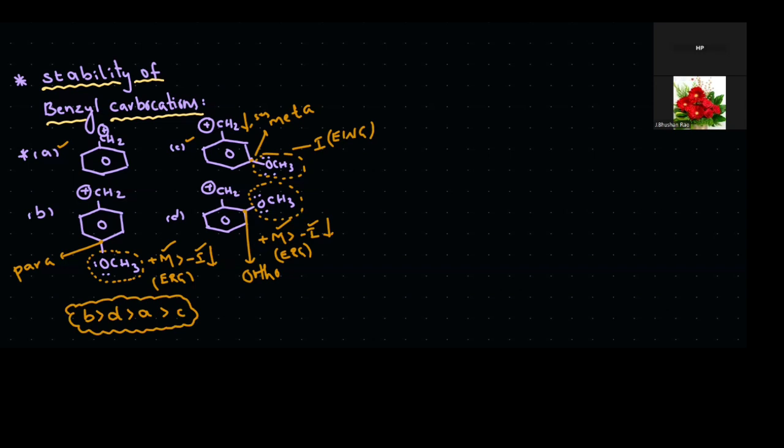So next, the second example. Second example: benzyl carbocation. In the meta position, one NO2 group is present.